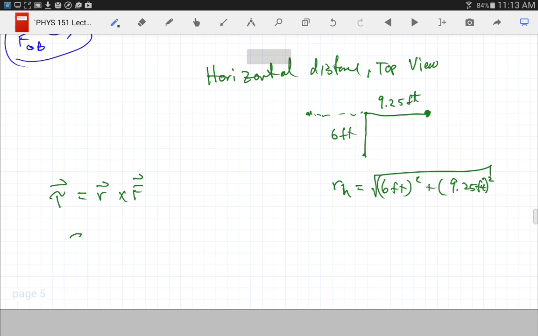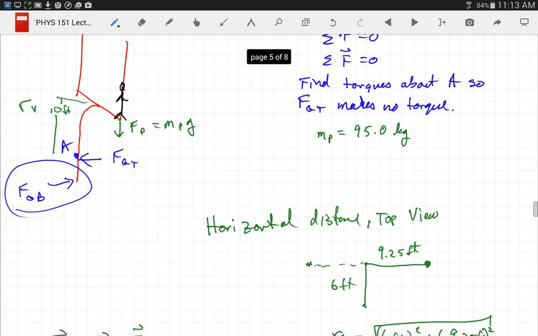And so I do the sum of the torques about A is equal to, in terms of signs, my radius is pointing in that direction. The force is down. And so the direction of the torque would be, point my fingers in the direction of the radius, turn toward the force, so it'd be something like this.